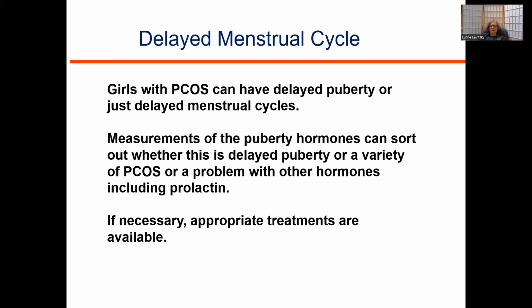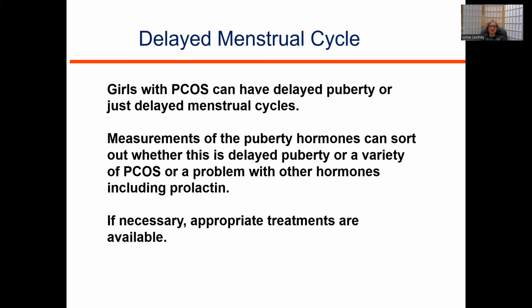So how about that delayed menstrual cycle? Girls with polycystic ovary syndrome can have delayed puberty or just delayed menstrual cycles. PCOS is a funny kind of name because you don't have to have polycystic ovaries, lots of cysts in your ovaries, to have this diagnosis. And about 25% of normal young women have cysts in their ovaries that could be diagnosed this way.